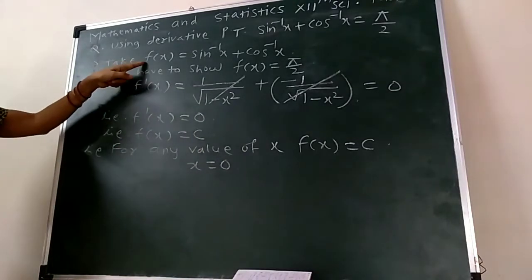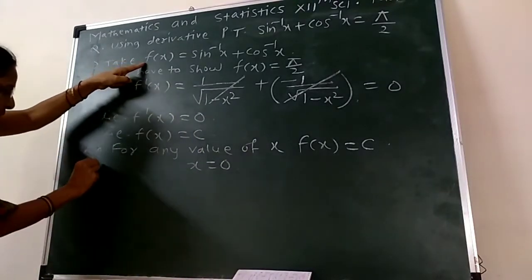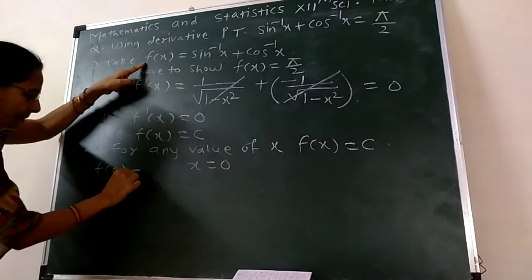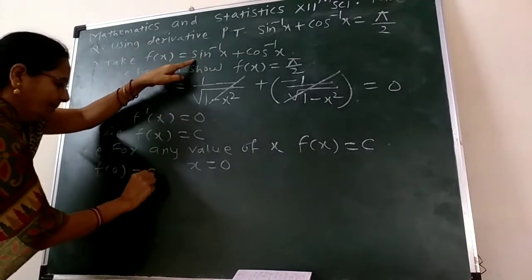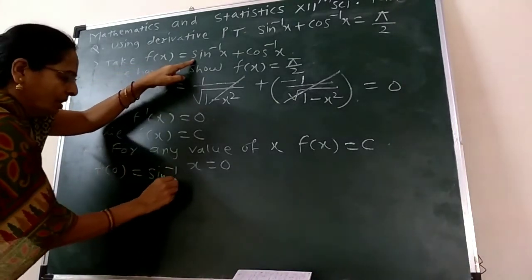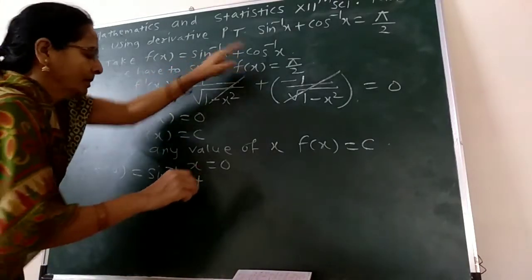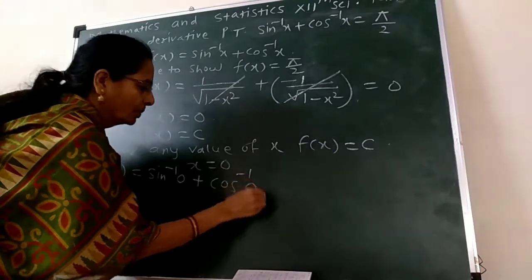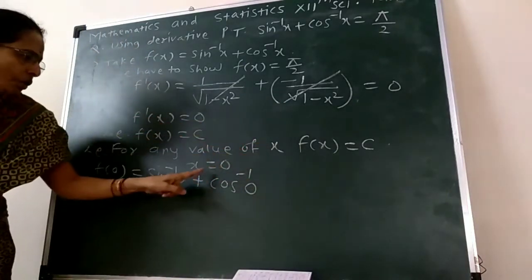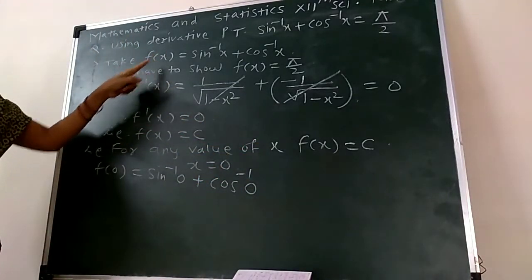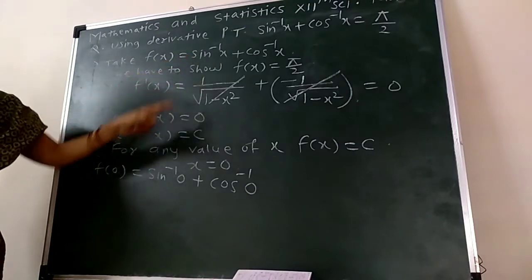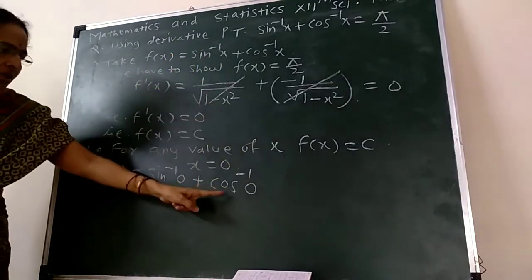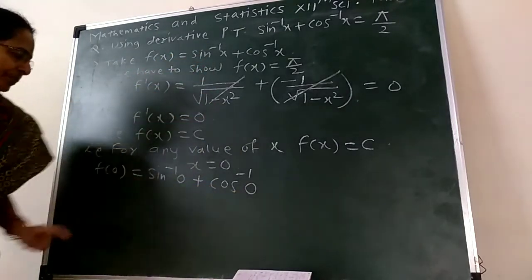Put in this equation f(0) is equal to sin inverse 0 plus cos inverse 0. X equal to 0. In this equation f(0) is equal to sin inverse 0 plus cos inverse 0.